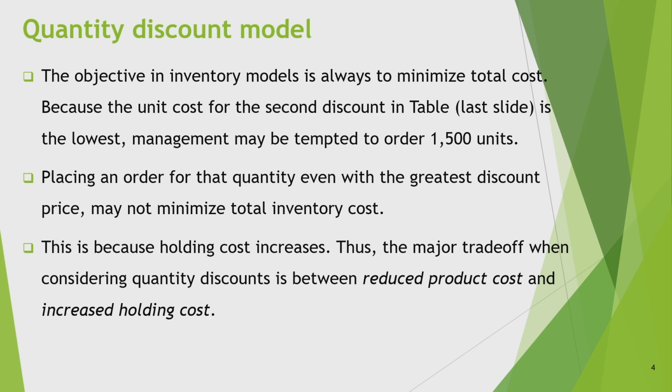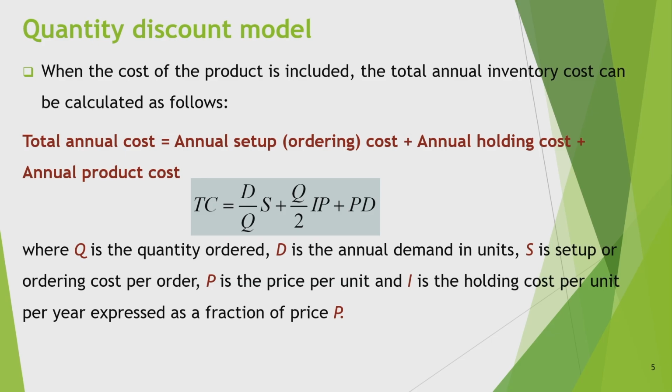On one hand, if you purchase more quantity, there is a reduction in price. On the other hand, holding cost increases. So you have to come in between. When the cost of the product is included, the total annual cost is the annual setup or ordering cost, plus annual holding cost, plus annual product cost.